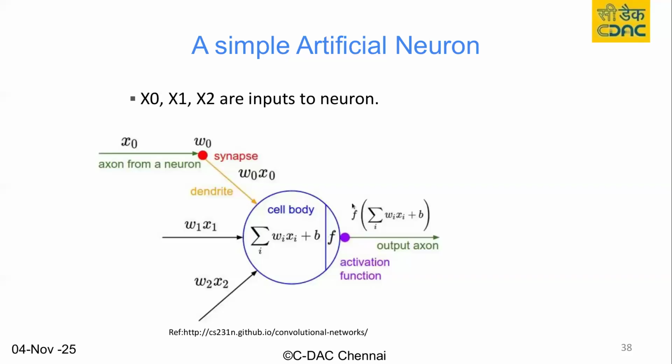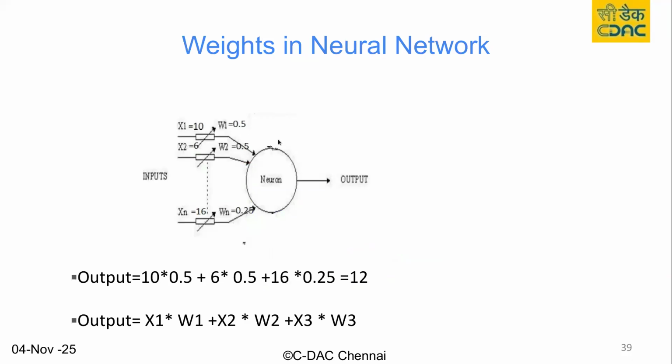And if it is greater than some threshold value, then the neighboring neuron gets fired. If it is less than the threshold, then the neighboring neuron does not get fired. So to visualize a mathematical neural network, let's see this picture where the inputs are 10, 6, 16 and the weights are 0.5, 0.5 and 0.25.